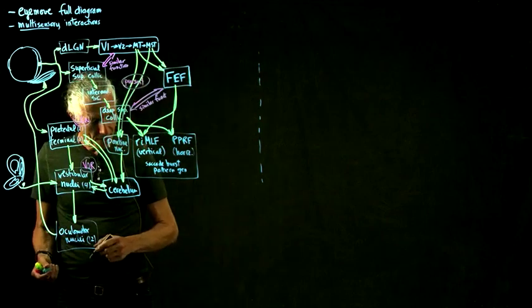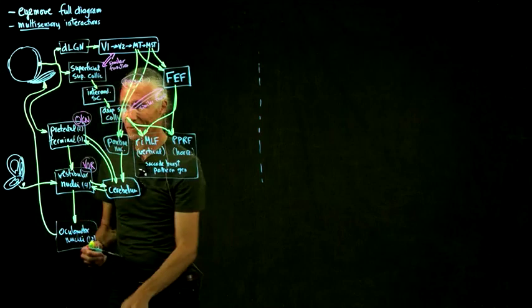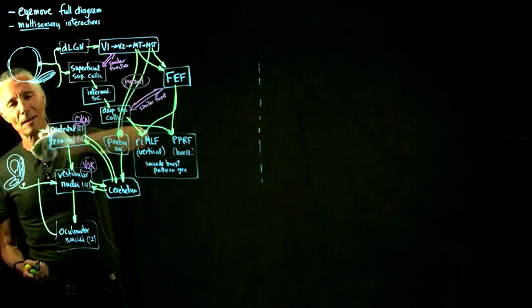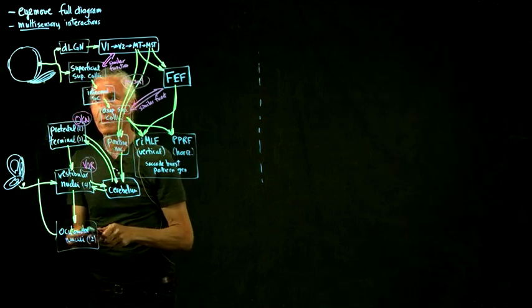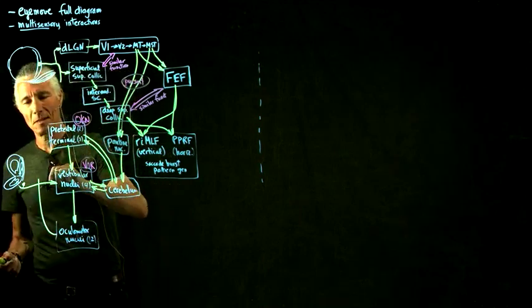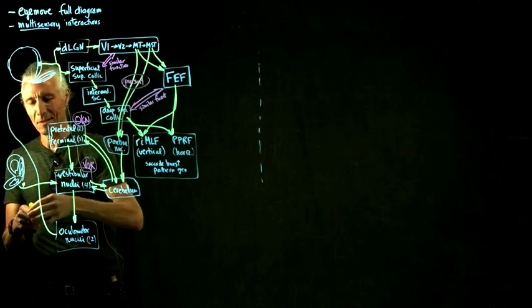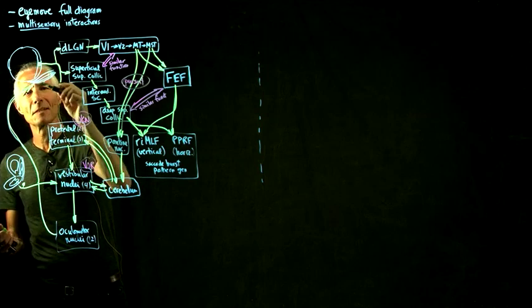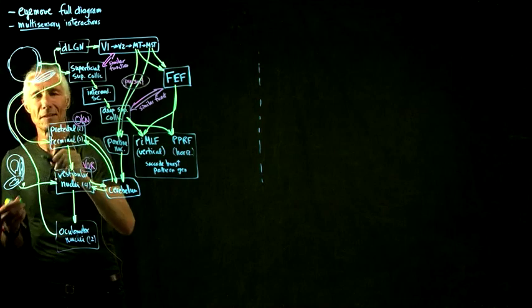So what is, I didn't make enough space. So it turns out the entire cortex projects to the basal ganglia. Okay, it's the wrong color. So here's the oculomotor going to the eye, and here's the retinal input coming in here. Okay.